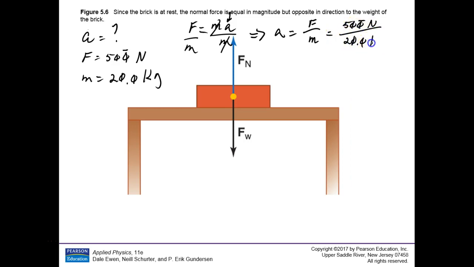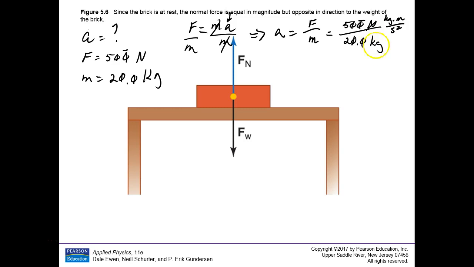20.0 kilograms. Now, when I'm doing this, I like to put down what the basic units for newtons are. And I don't know if you remember this from before, but a newton is a kilogram meter per second squared. I like to go on, instead of writing newtons, write down what it is in the base units. Kilogram meter per second squared. Okay?